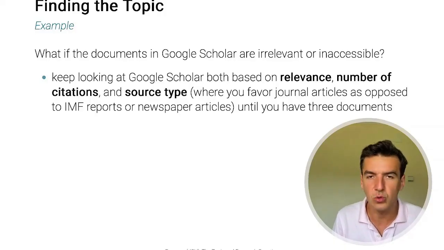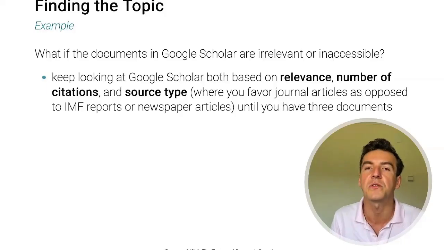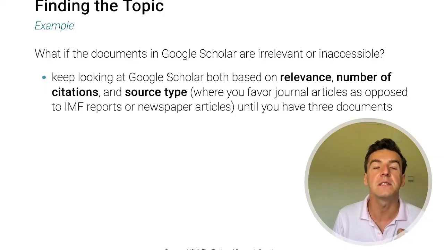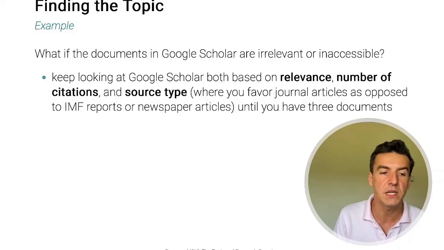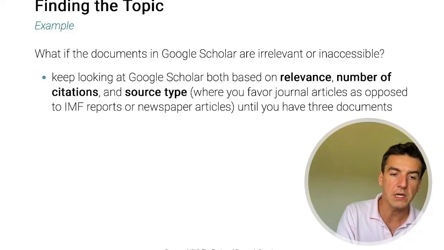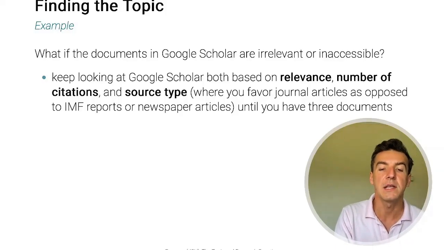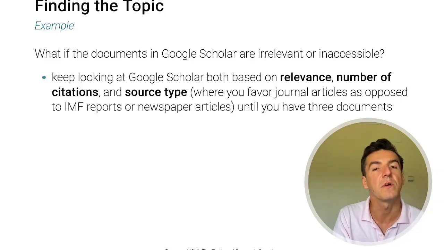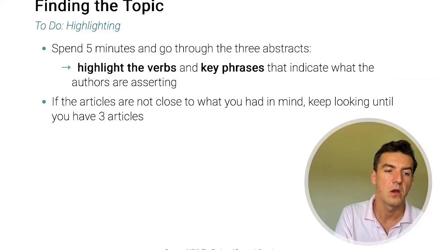It's exactly like Google. You go to page one, page two, page three, until you find the articles that are most relevant, that you have access to, and that have a large number of citations. So keep looking at Google Scholar and search based on relevance, number of citations, and the source type until you find those three documents.